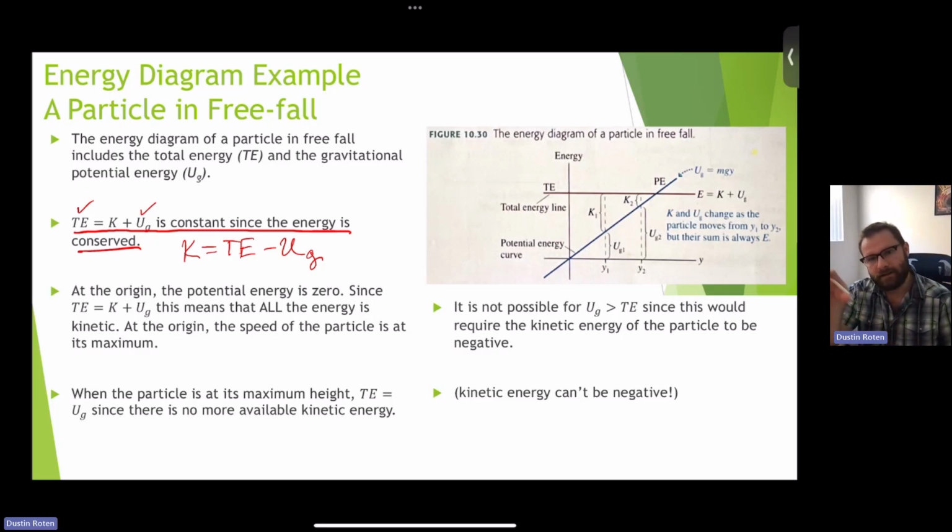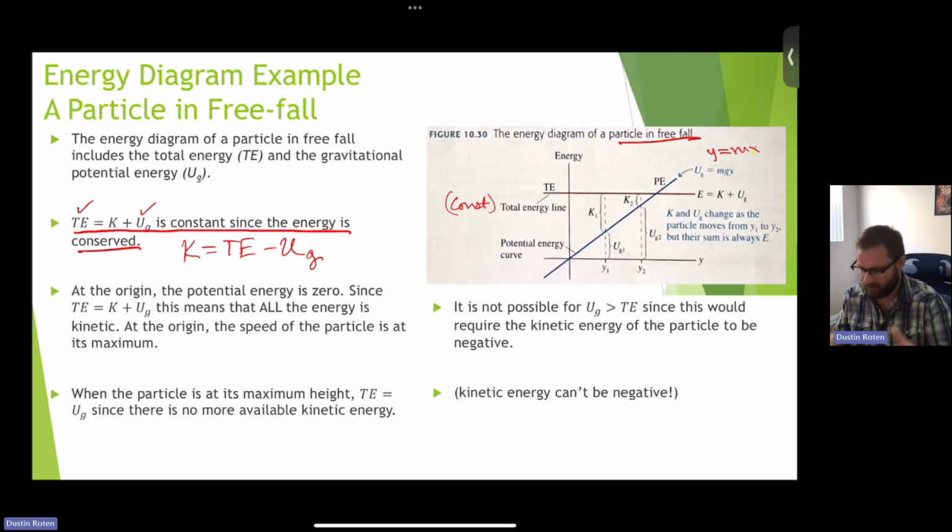So let's take a look at this plot here. Over here on the right, we do have the particle in free fall, and we're plotting its potential energy as it changes in height, and of course its total energy. You'll notice the total energy remains constant. So I'm going to write constant here for the total energy. And you'll notice that the slope of our energy, the blue line, this is just y equals mx, right?